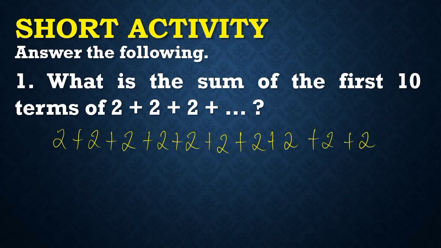Kapag inadd natin yan, ang makukuha nating sum dyan ay 20. Pwede rin natin gawin as 2 times the number of terms, that is 10. Why 2? Kasi pare-pareho lang po yung term ng given sequence, wherein yung common ratio ay 1. So, 2 times 10, that is also 20.